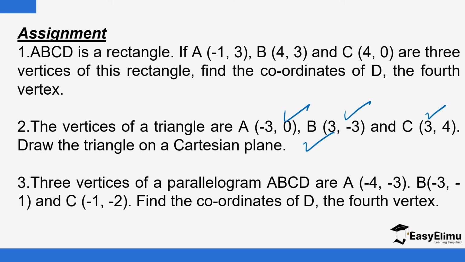The same applies to the parallelogram, similar to the one you have just done. You plot the points and join them in such a way that you end up with a parallelogram, and that will help you find the last coordinates for point D, as we illustrated during the lesson.